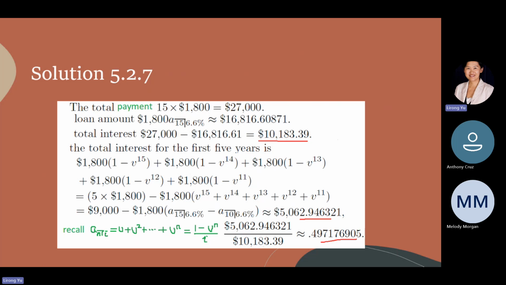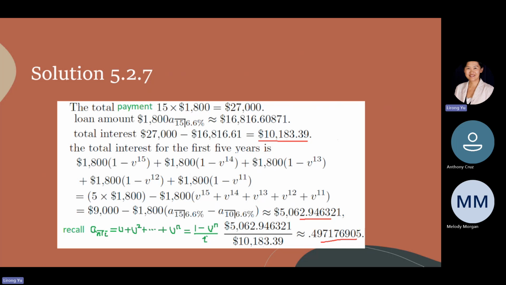The total interest is the loan amount, so 1,815, discounted out of all the payments. We have 15 payments of 1,800. Subtraction of those gives you the total interest. So our total interest is 10,183.39.